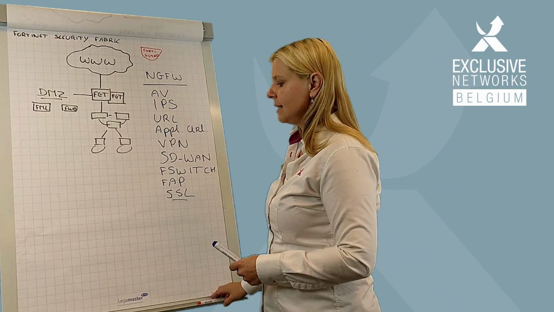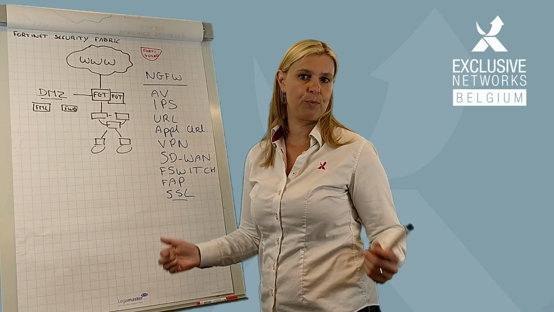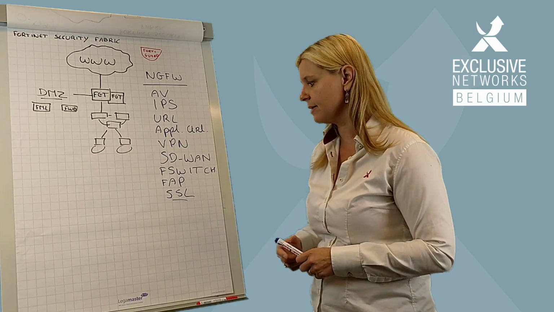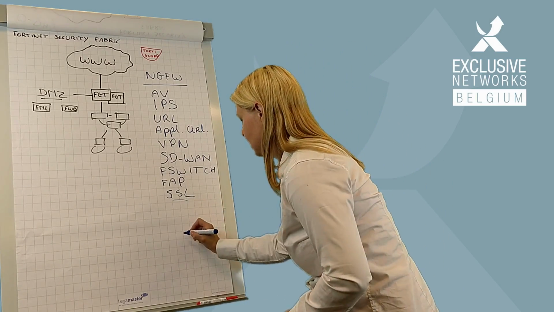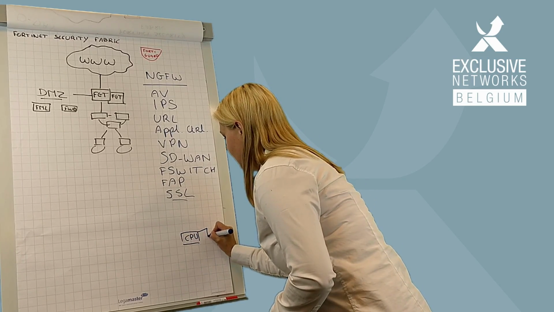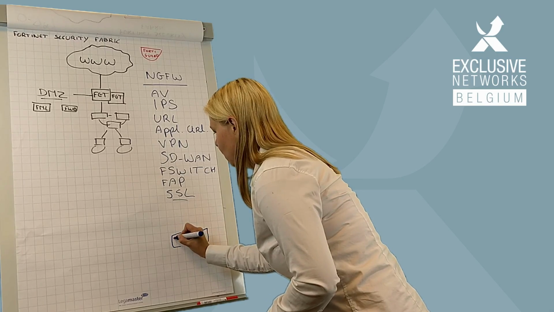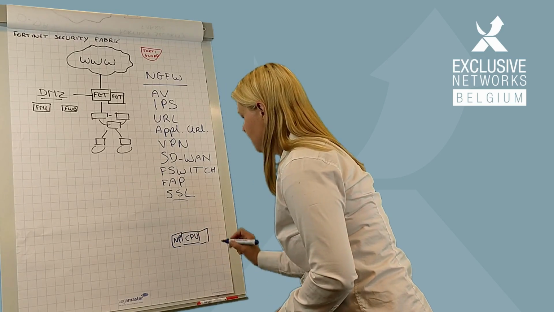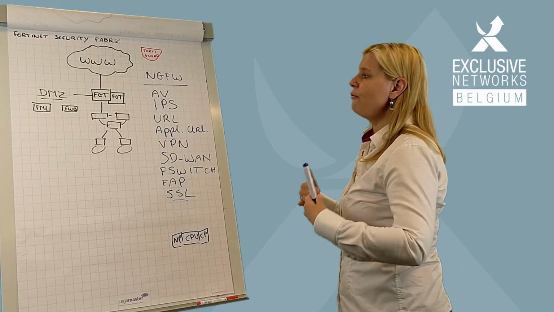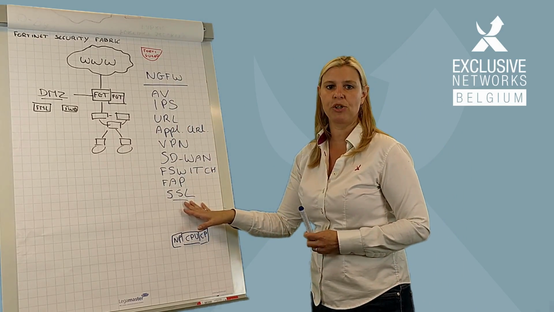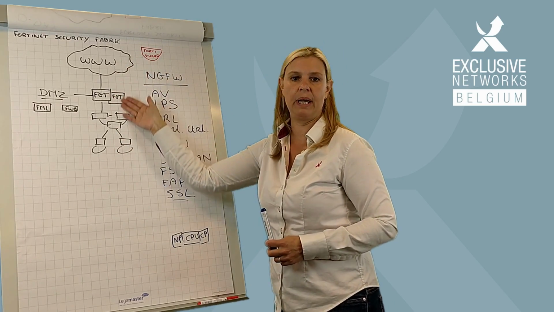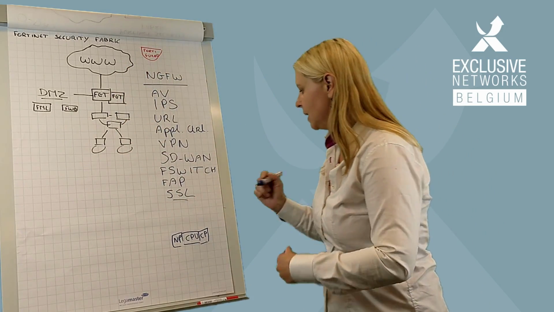Because the FortiGate has purpose-built processors. Fortinet has developed their own processor, and it goes like this. We have our central CPU, and next to the CPU we have our network processor and our content processor. So we can offload the work and the inspection the FortiGate has to do with all the incoming and outgoing data flows.